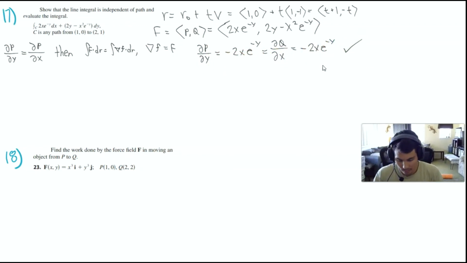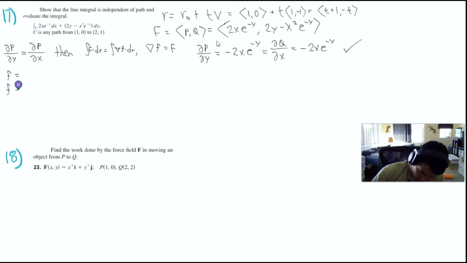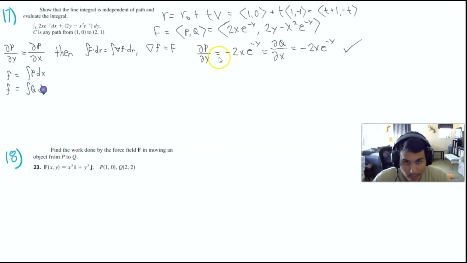Luckily, now we can try to find our function f, right? Okay, so f is equal to the integral of P dx, Q dy. Remember, if this is equal to f, then you could put the differential on the other side.